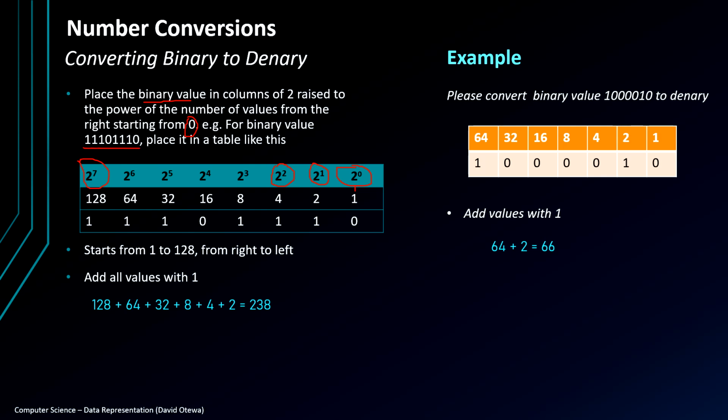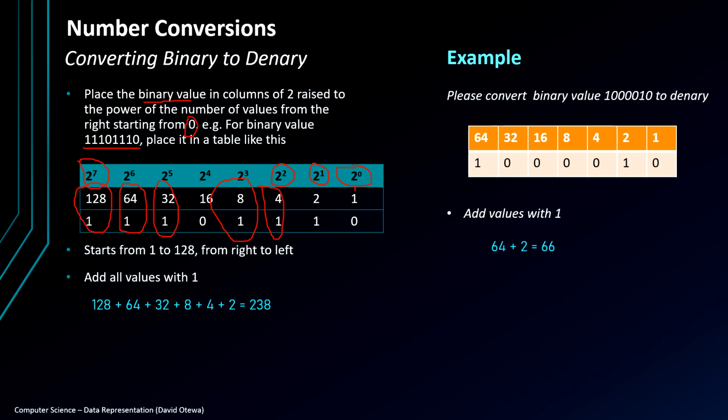So in our case here, we'll put this 110 into the column. Then where there is a 1, we'll add them together. Once we are done, let me circle the ones.